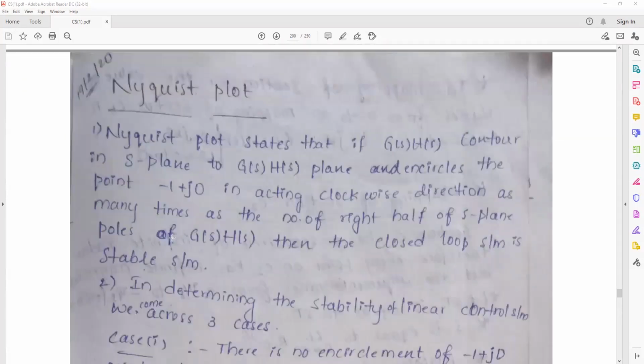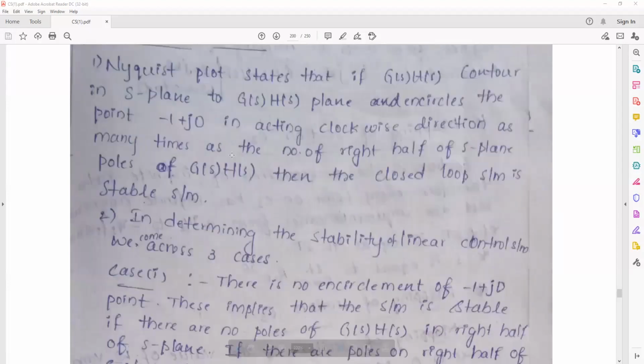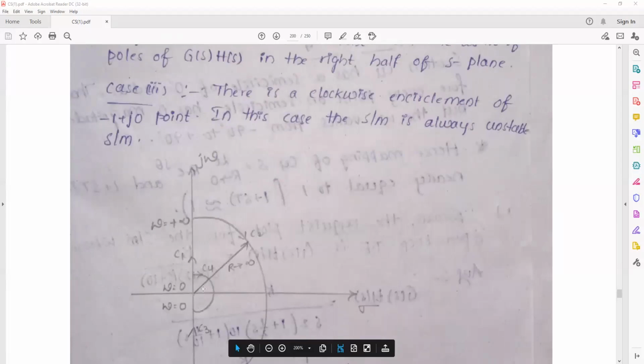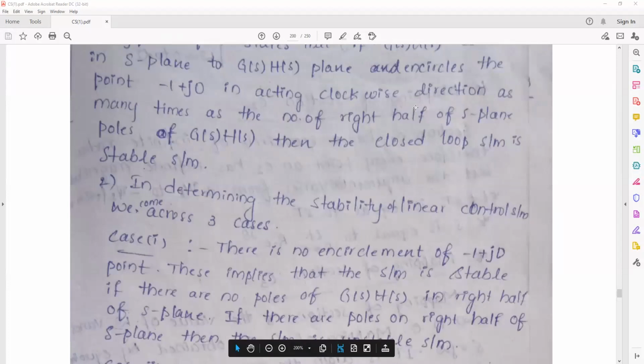The statement of the Nyquist criterion is: if the G(s)H(s) contour in the s-plane maps to the G(s)H(s) plane and encircles the point -1 + j0 in the clockwise direction as many times as the number of right half s-plane poles of G(s)H(s), then the closed loop system is a stable system.